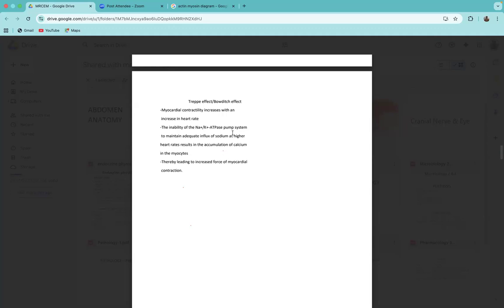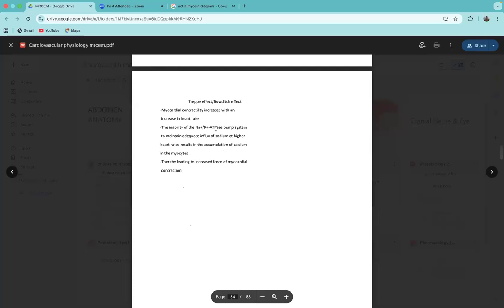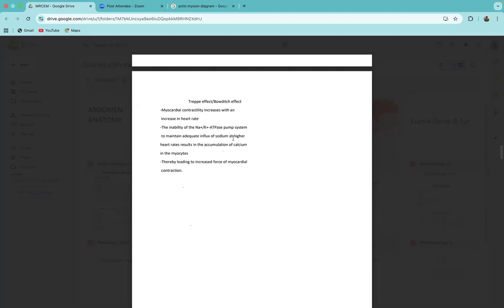Sodium potassium ATPase pump will be unable to function due to the myocardial contractility. So when the heart contracts really fast, the myocardial contractility will increase, and due to this the sodium potassium ATPase will not have enough time to function or maintain the adequate influx of sodium at higher heart rate. Okay. So as there is impaired function of the sodium potassium ATPase pump, there will be accumulation of calcium, right?